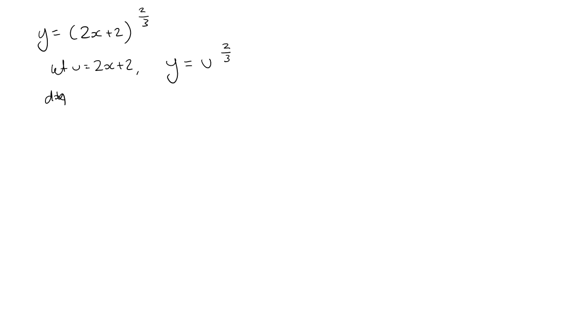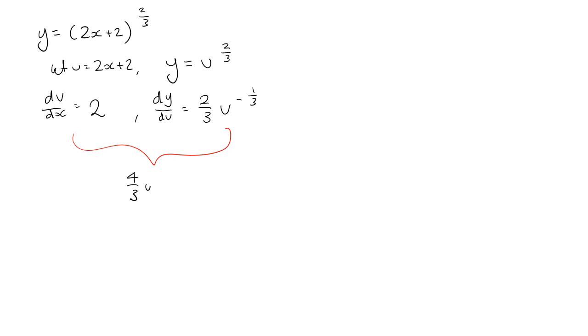Oh no, sorry, that should be du on dx, which is 2. It would be dy on du, which is 2 on 3. Now we need to do 2 on 3 minus 1, so it becomes negative 1 on 3. So we multiply these two values together, so we get 4 on 3 u to the power of negative 1/3.